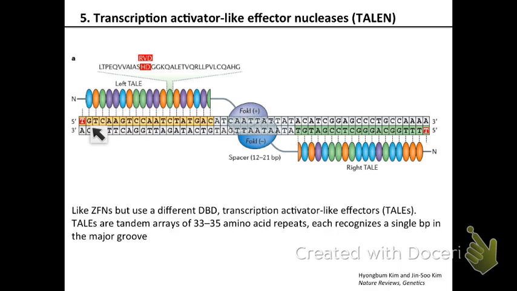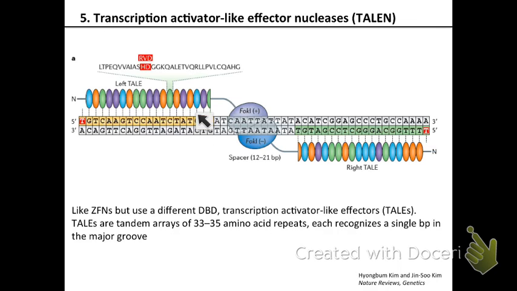And in this case, instead of each protein domain, shown in little colored oval shapes here, each recognizing 3 base pairs, these protein motifs recognize 1 base pair at a time. So you can design these proteins so that each of these protein domains are going to recognize 1 nucleotide, and you can combine them in such a way that you can target a specific sequence.